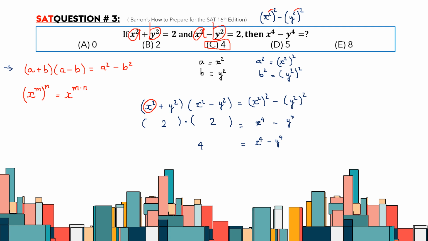So we have A is x squared, B is y squared, and A plus B multiplied by A minus B is equal to A squared minus B squared. Which is this.